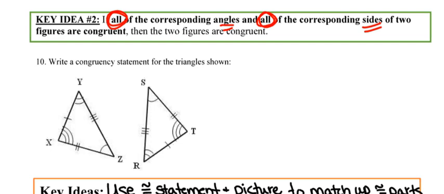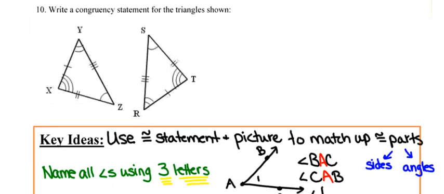So in example 10 here, I notice that angle Y corresponds and is congruent to angle R. The purple angles are congruent. The red angles are congruent. So those triangles have not only 3 pairs of congruent angles, but also 3 pairs of congruent sides. We know then that the triangles must be congruent as well.